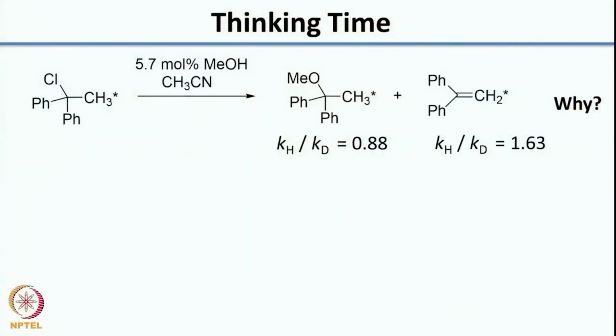So, shown is a problem in front of you. Now, this reaction, see carefully, is done with 5.7 mole percent of methanol. That means the concentration of methanol in the reaction mixture is small; the solvent is acetonitrile, which is shown as CH3CN, and here you have only 5.7 mole percent.